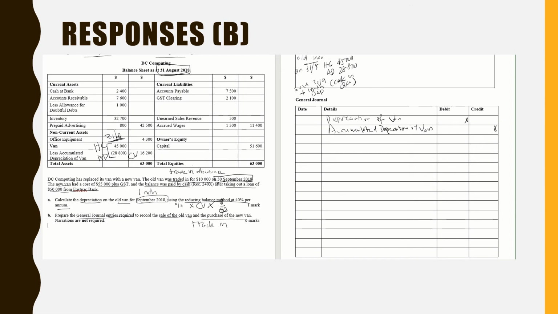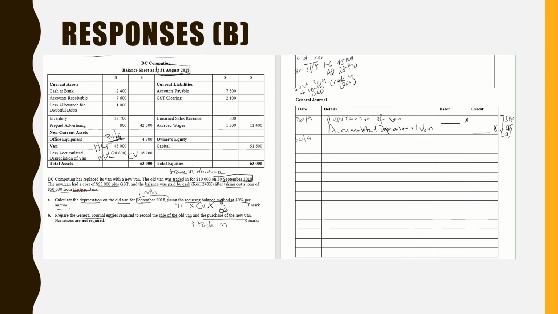Now the number, see question A. Okay, and that you'll be able to get the amounts here. So that's depreciation for the 1 month, 30th of September, and now I follow through the steps to dispose my old van.